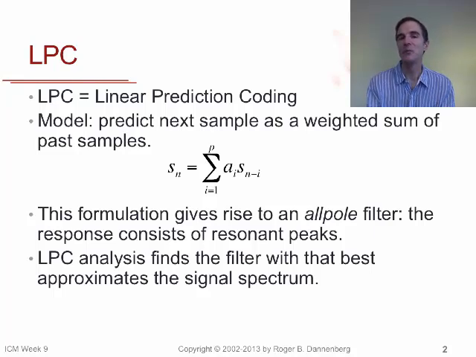Just a little more detail, we typically choose P deliberately to be a somewhat small value, normally less than 20, so that the signal approximation is not extremely good, it's kind of rough, and so there's enough detail in the filter approximation to represent the main formants, but not enough detail to give us the exact wave shape or other details of the spectrum.